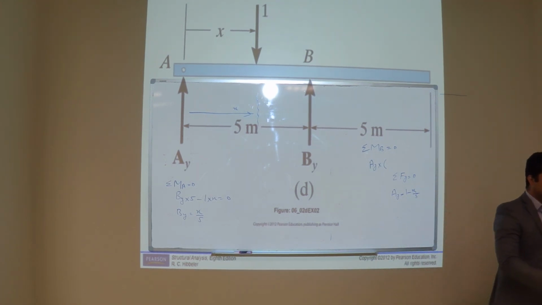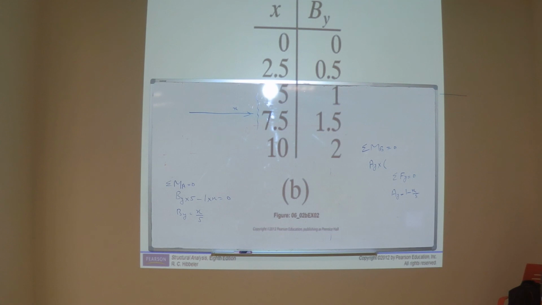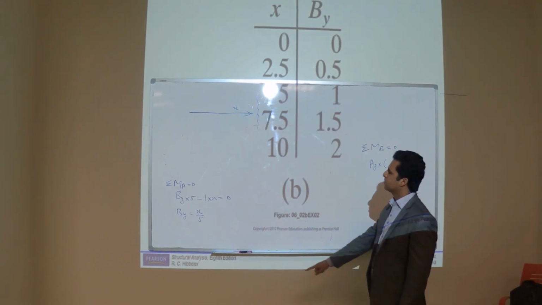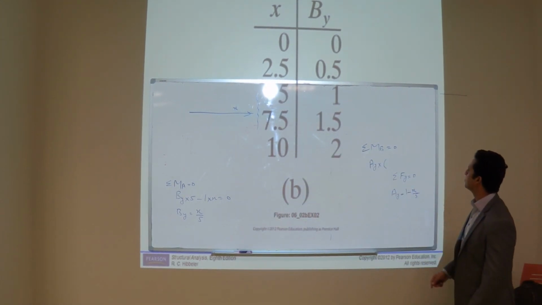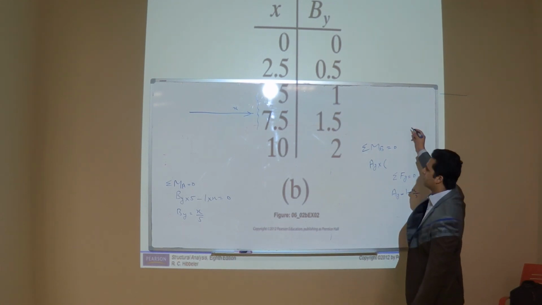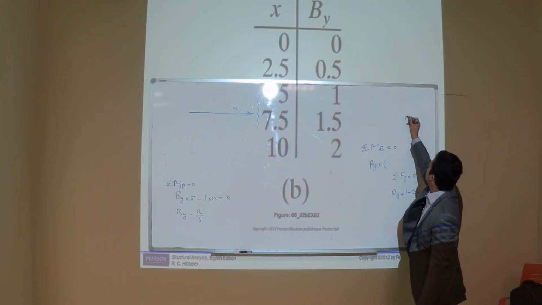Okay, now let's go to this table. Please check. Put x equal to 0. And AY would be 1. Let's also find the values for AY.